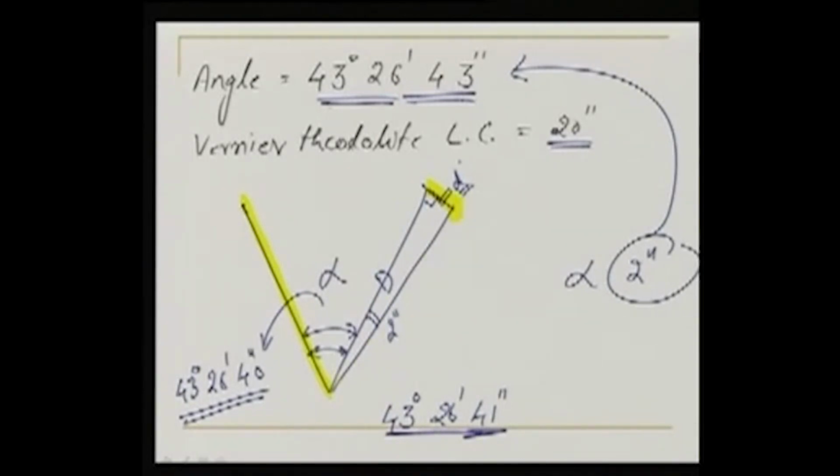So our actual angle which we wanted to set out is this angle. Again, if you want to be more accurate, we can further measure this angle by the repetition method to know whether it is within the permissible limit or not.